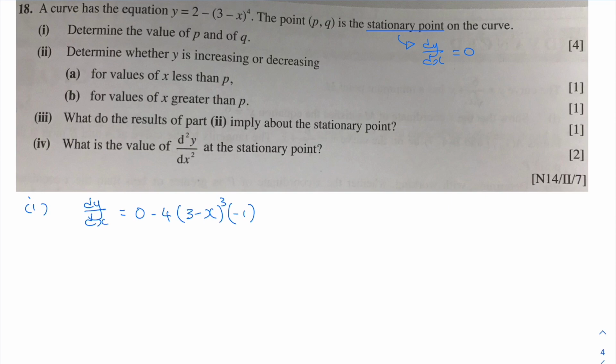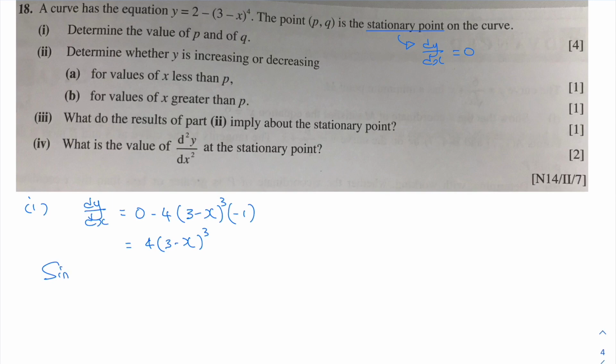Then you multiply by the derivative of the inner function, which is negative 1. So what you get is 4(3 minus x) to the power of 3.